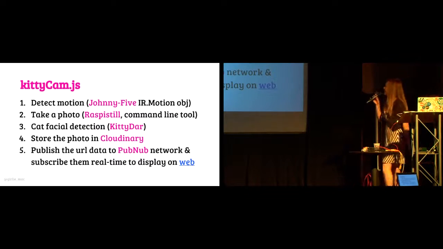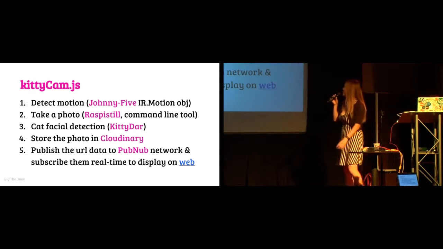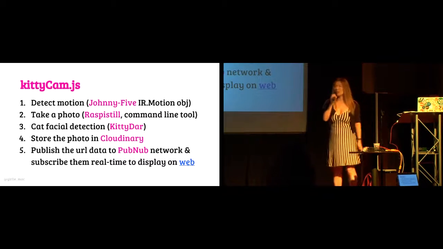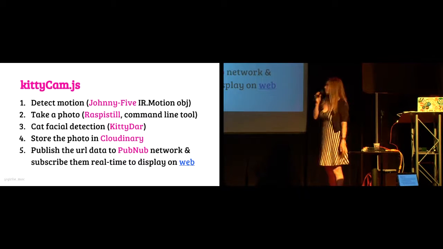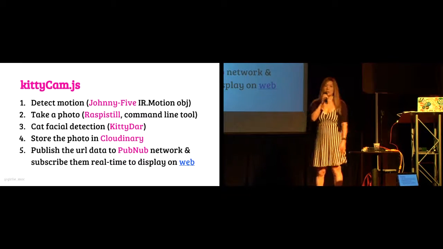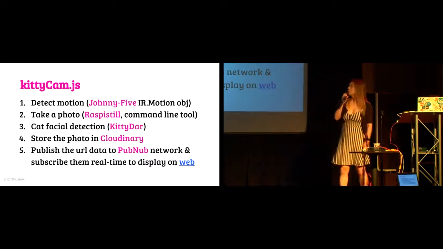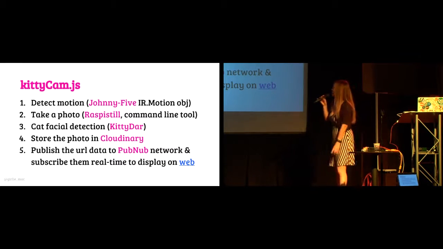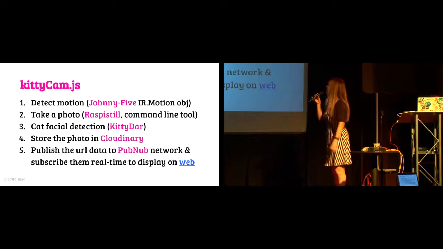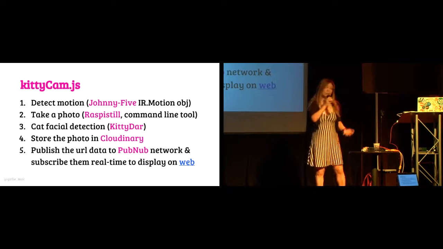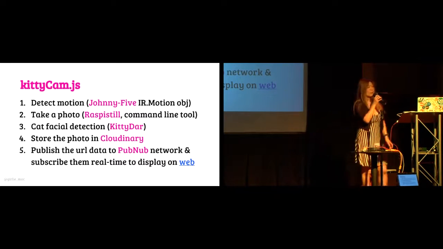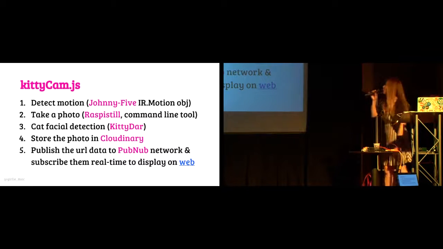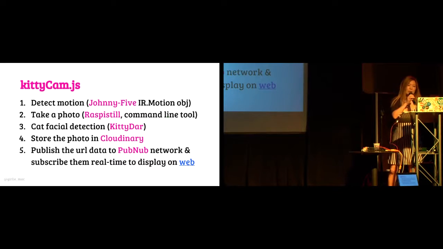So here's the tech stack. Using Johnny 5, there is a motion object to detect motion. And I'm using raspistill, a command line tool that comes with Raspberry Pi, to take a photo. For cat face detection, I'm using an open source JavaScript library called KittyDar. That's really awesome. I'll talk about it soon.